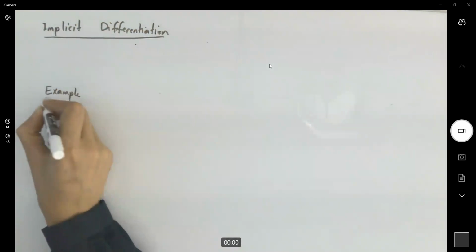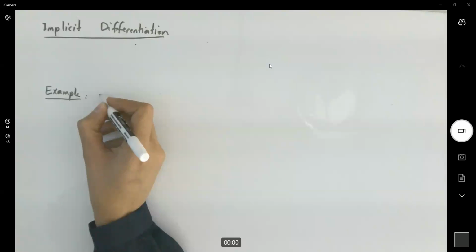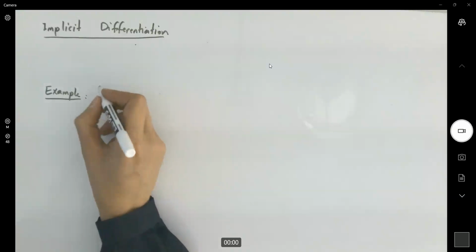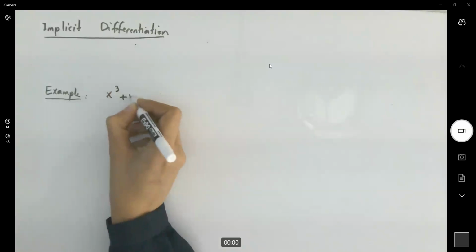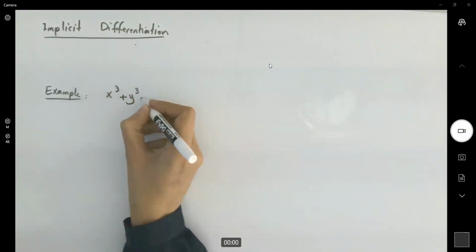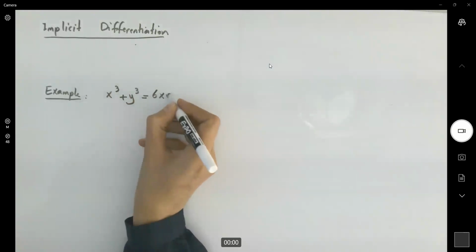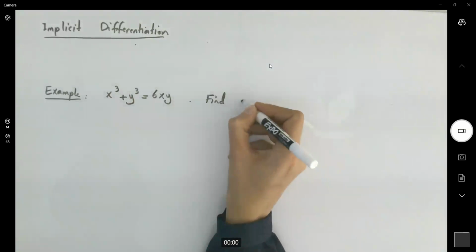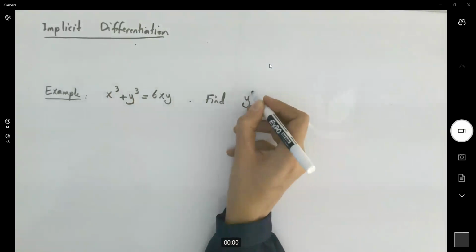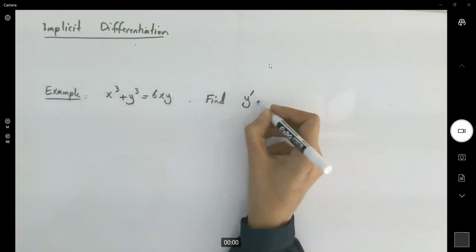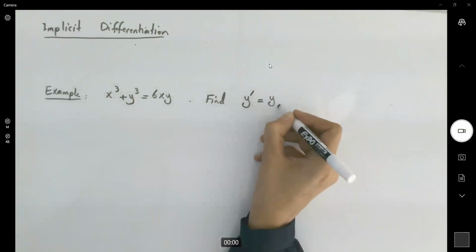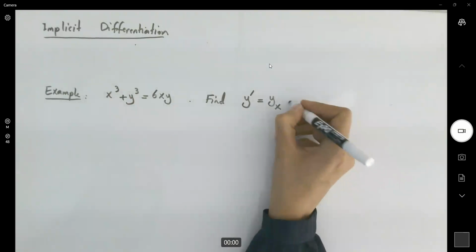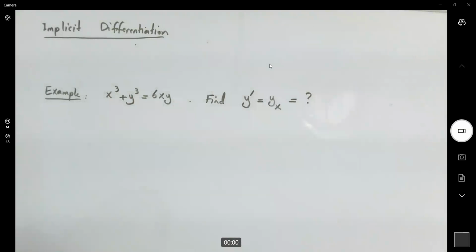The example says, suppose you have the following relation, x cubed plus y cubed equals 6xy. Find the derivative of y with respect to x. This is what we're trying to find.